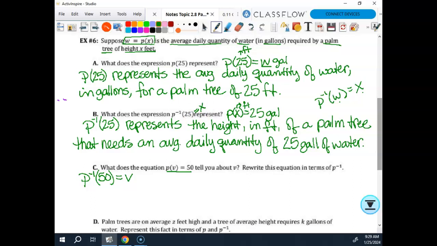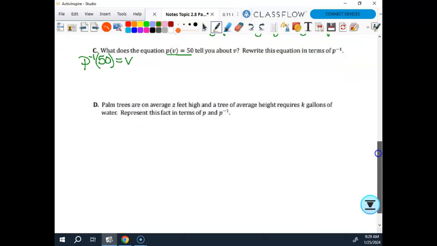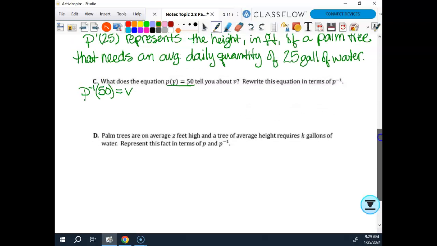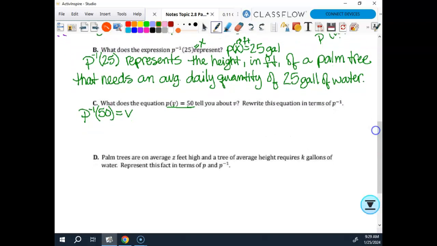Okay. So on C, what does V represent then? The only thing it can represent is either the height or the gallons. It's the height, right? Because this is the gallons, so this is the height. It's almost identical to B. We just, instead of giving us a number or using X, it's using V, but it's the same thing.